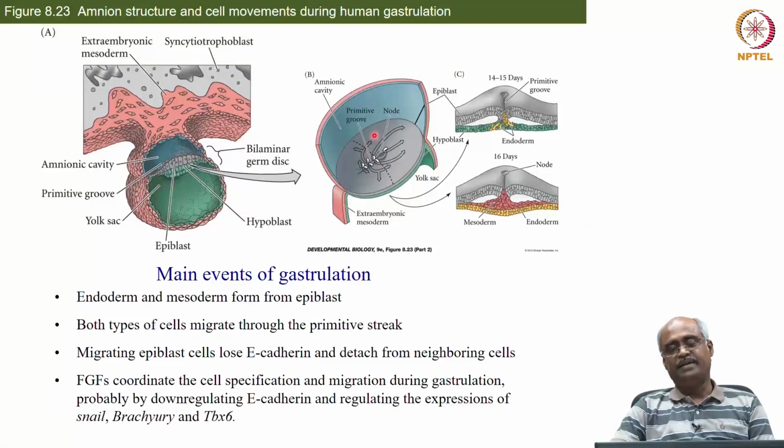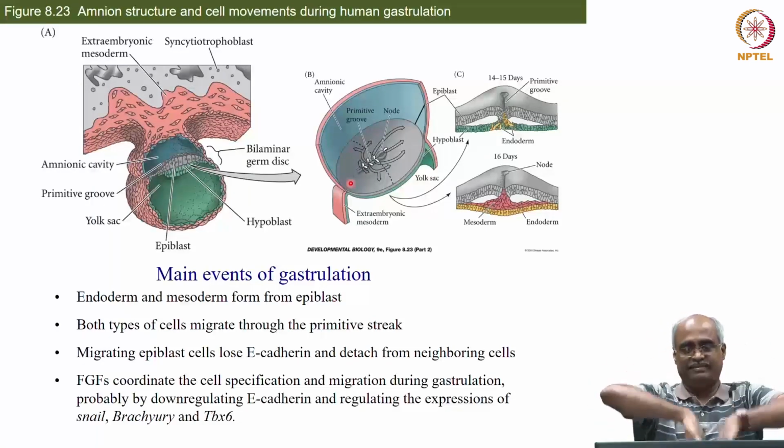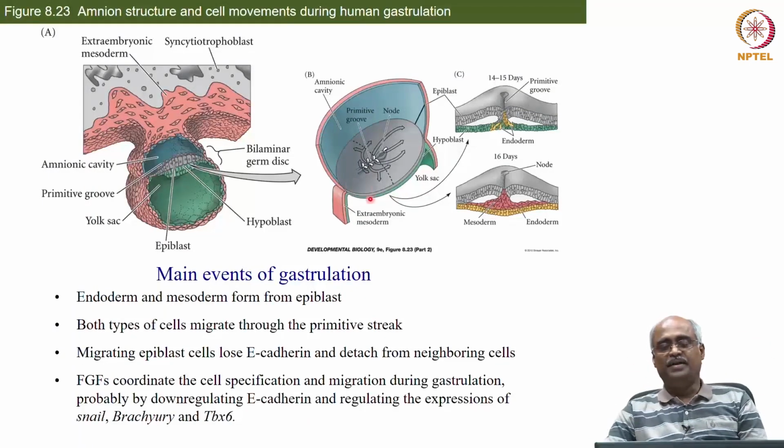And the migration direction, so these arrows are darkened just to highlight the point that they are beneath this cell, the gray cell layer, okay, between these two. And this white arrow says from the top where it is going to go like this. And so if you take a cross section along these dotted lines and look at them, so you are going to see like this.